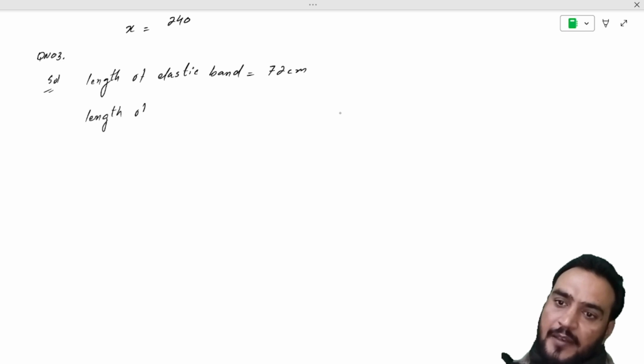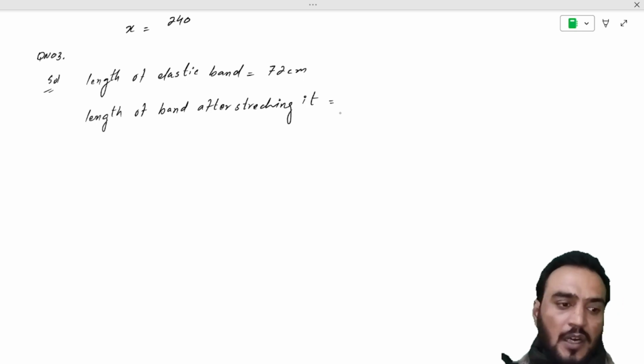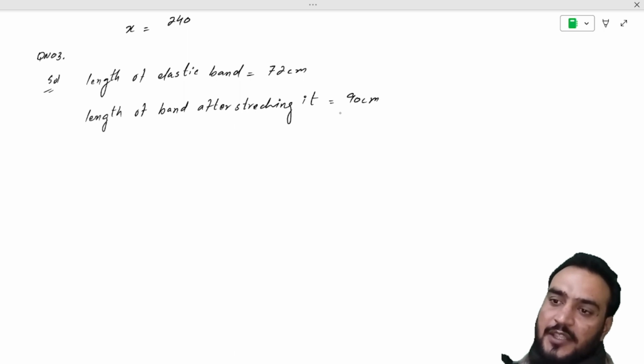Length of band after stretching it, the length becomes 90 centimeter when we stretched it. So this was the increase.